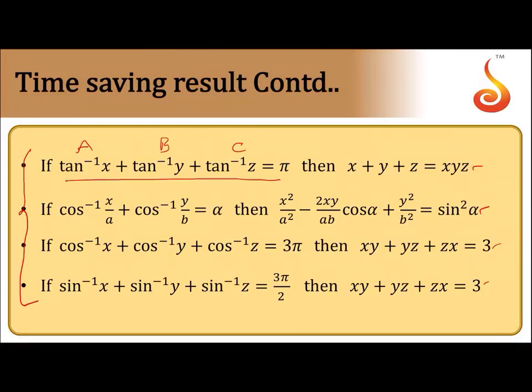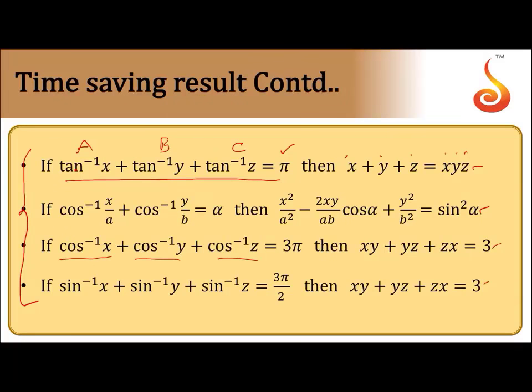We know when it is angle A, angle B, angle C, tan inverse of x equals A means x is equal to tan A, y equals tan B, z equals tan C, and A plus B plus C is equal to 180 degrees. We know tan A plus tan B plus tan C equals tan A tan B tan C. So this is how we try to simplify the result.